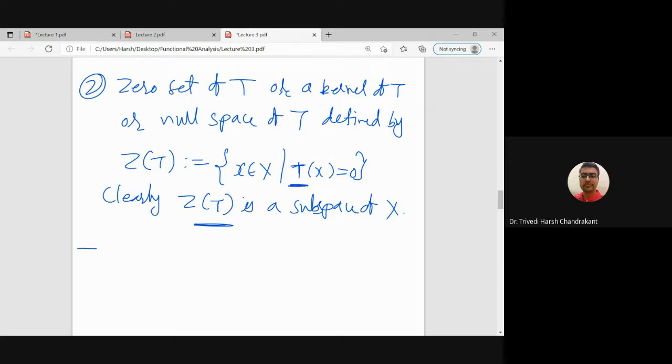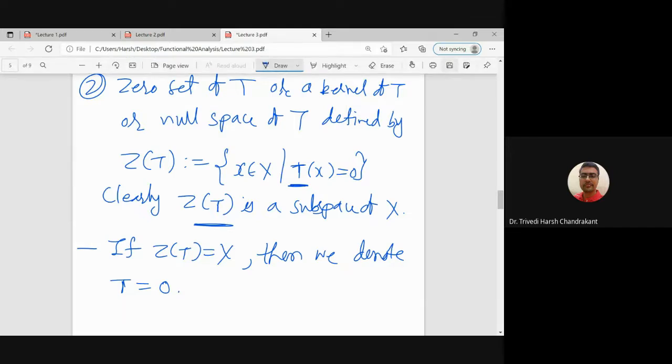So if the kernel is the whole space, the kernel is X, then we denote T to be the zero map. Right. So if we have a linear map whose kernel is the entire domain, then that means on every element of the domain the function is zero.